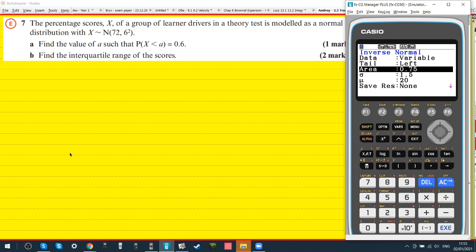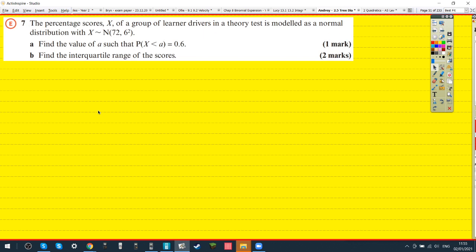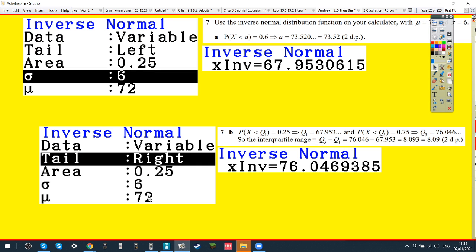What stuff? So then the interquartile range, just putting the area 0.75 and 0.25 and subtracting both answers from each other. Yep. Let me just see. Do I only have the final answer? Yeah. So you put in 0.